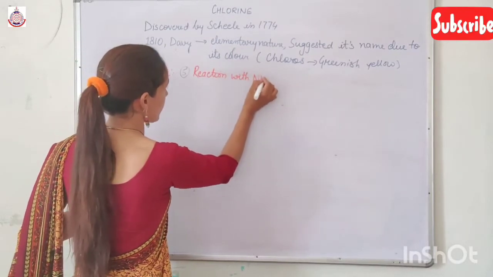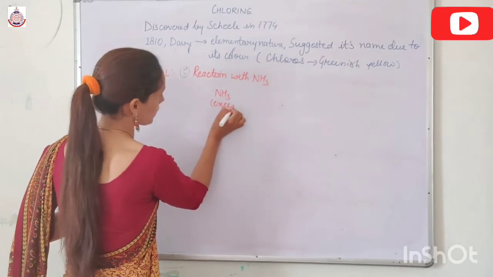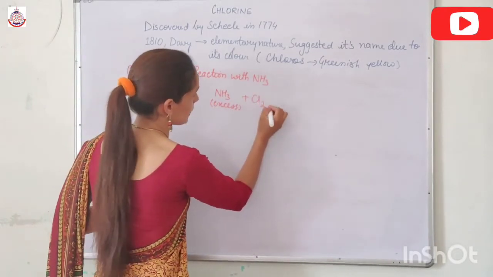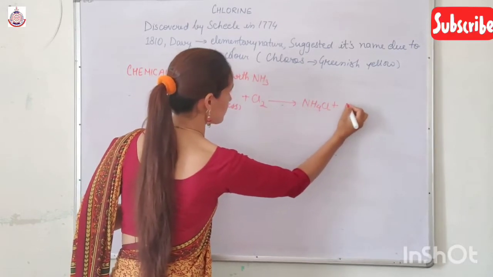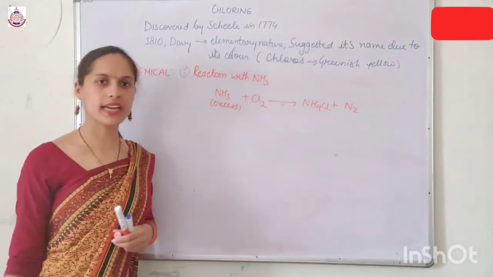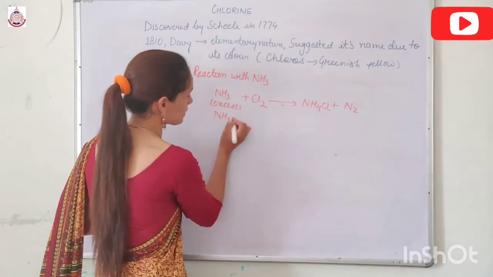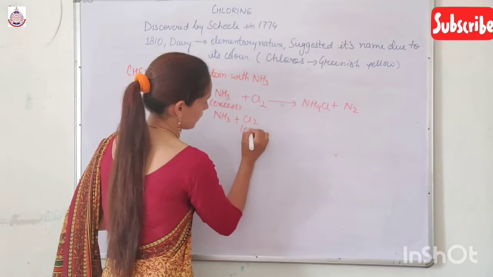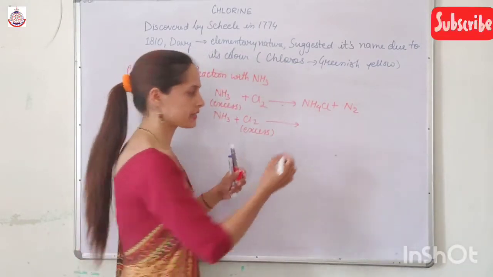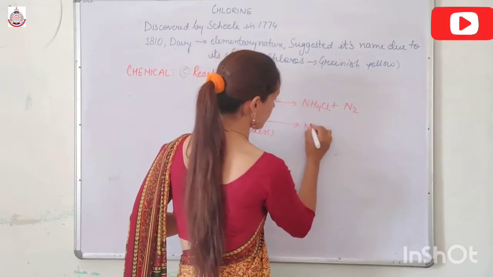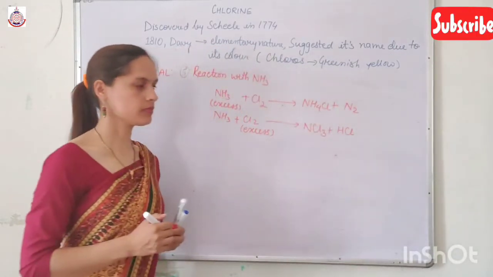If we take ammonia in excess as compared to Cl2, we get NH4Cl plus N2. But if we take Cl2 in excess, then we get NCl3 plus HCl.